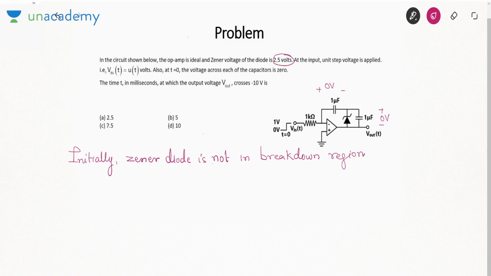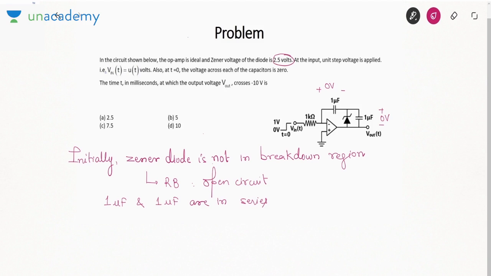It is 0 right now. If the Zener diode is not in breakdown region, it is only reverse biased, it will work as open circuit. If this works as open circuit, 1 microfarad and 1 microfarad are in series.